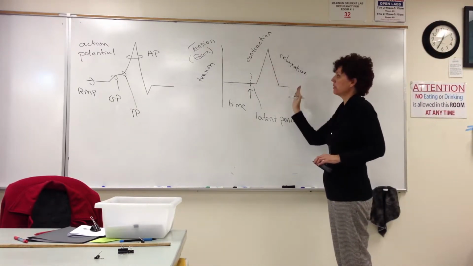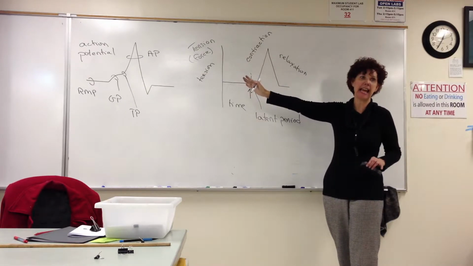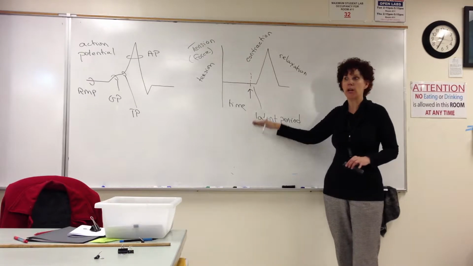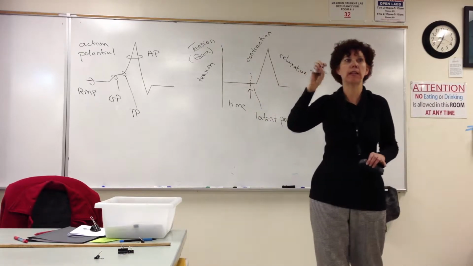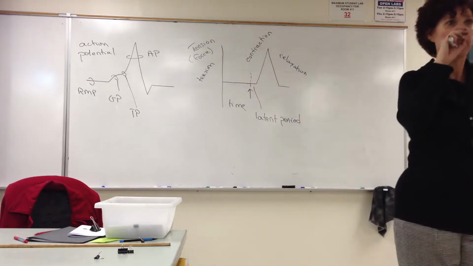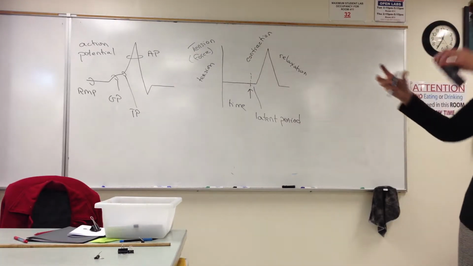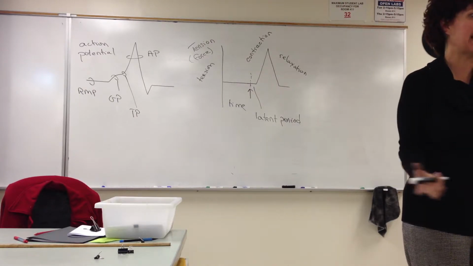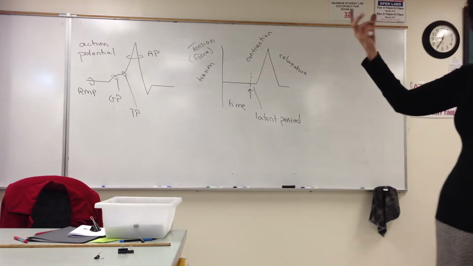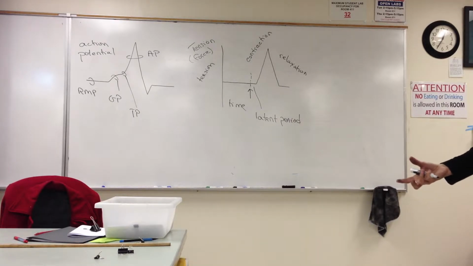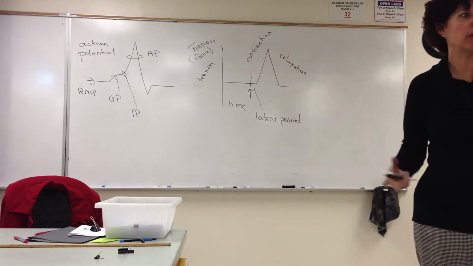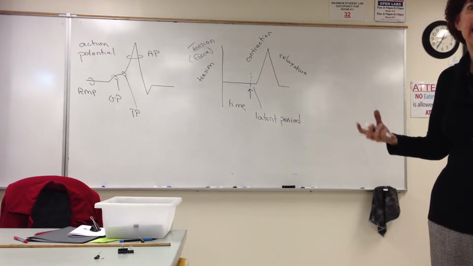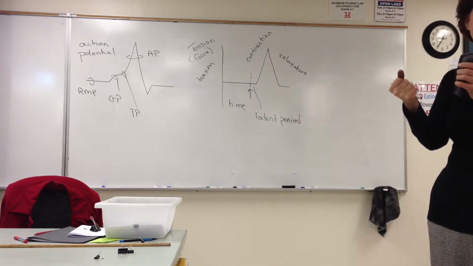So everything that occurs prior to myosin binding to actin is going to be occurring during the latent period. So the acetylcholine binding to the ligand-gated channels, the graded potential moving to the voltage-gated channels, the action potential moving down into the cell, the calcium ions moving out of the sarcoplasmic reticulum, the calcium ions binding to the troponin, separating it from the tropomyosin, until the myosin actually binds to the actin filaments.